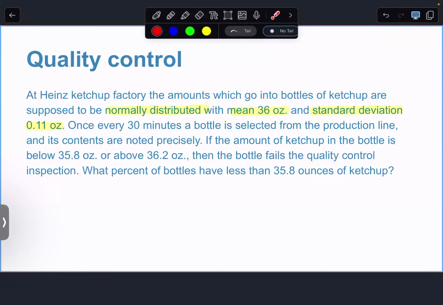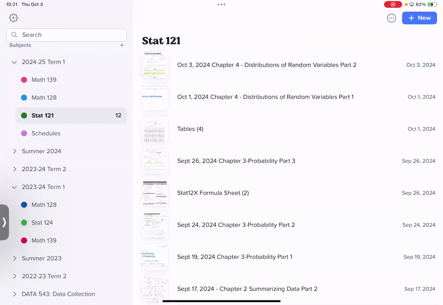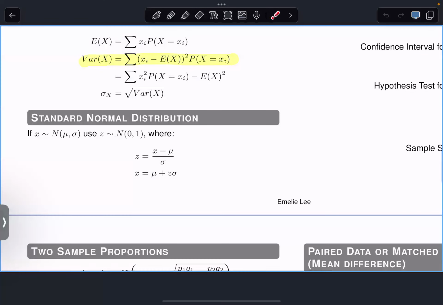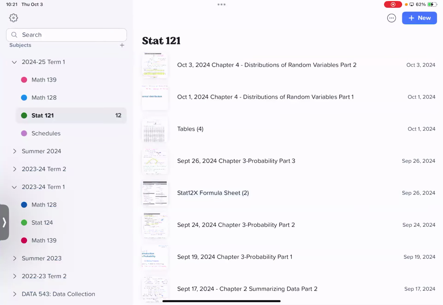So this first part, these highlighted sections, are the reason it's a normal distribution type of question. Okay? And so what that should do is guide you to say, okay, now I'm here on my formula sheet, and let me just bring it in.